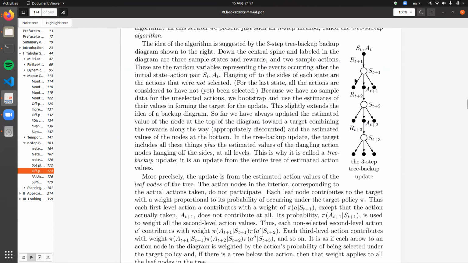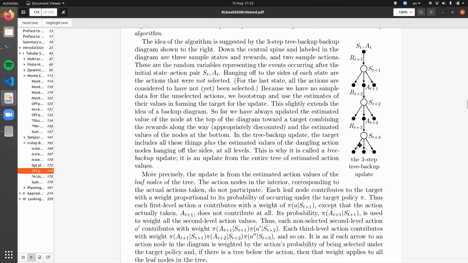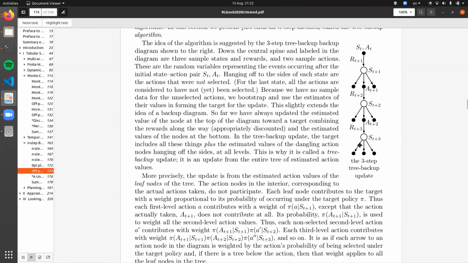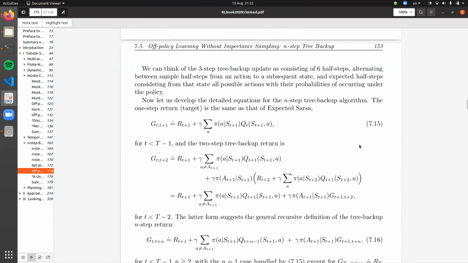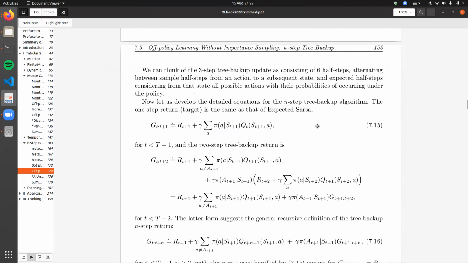In a sense it is very similar to expected Sarsa, if we would take an expectation at each time step when doing the bootstrapping, but there is a certain difference, and we will look at it in the formula here.